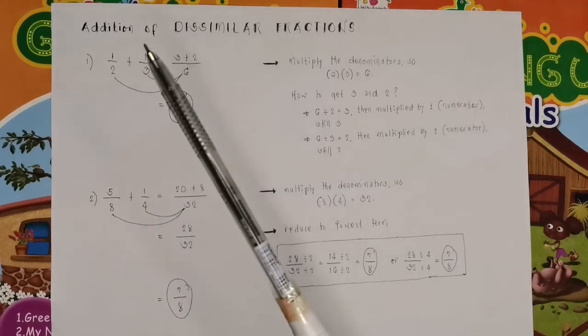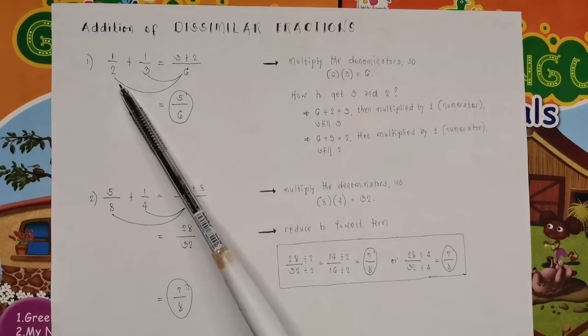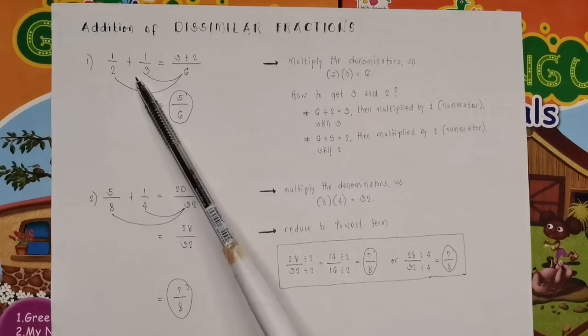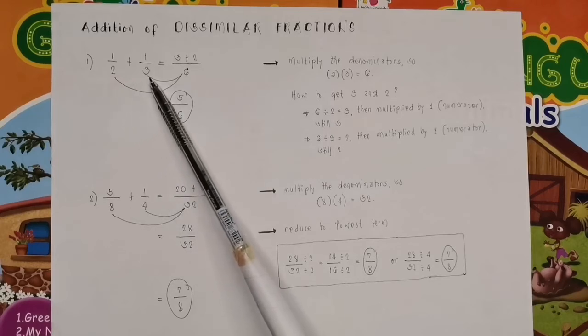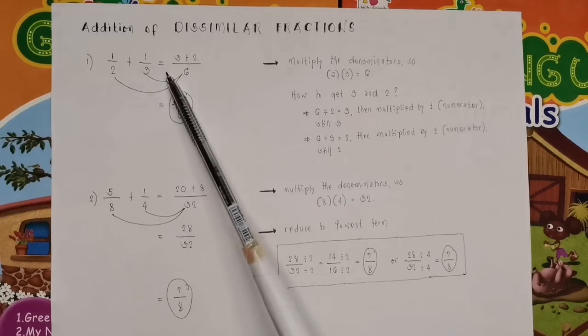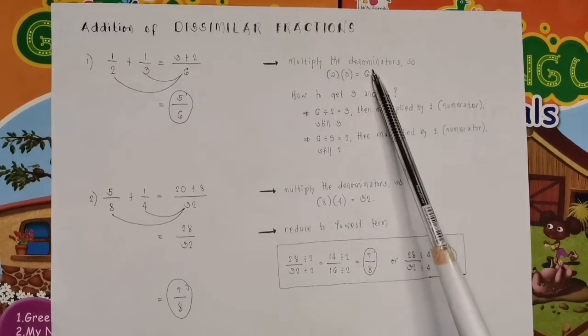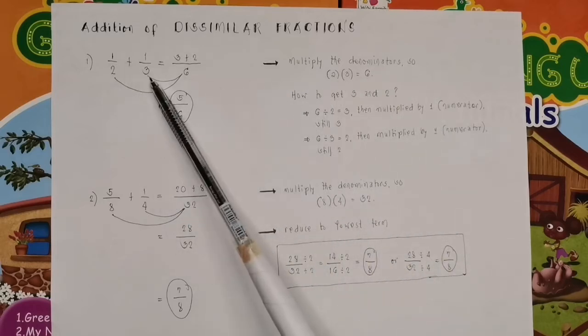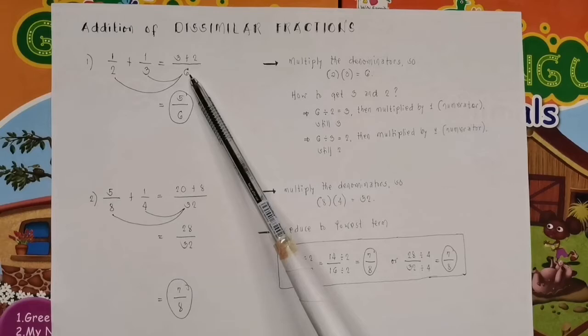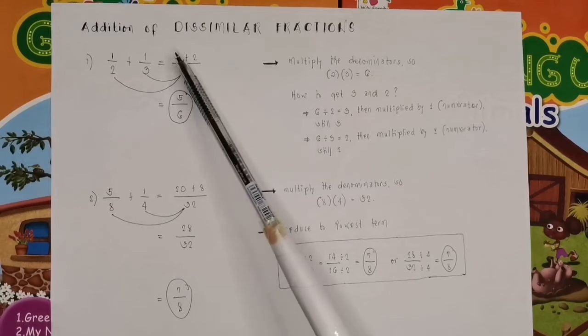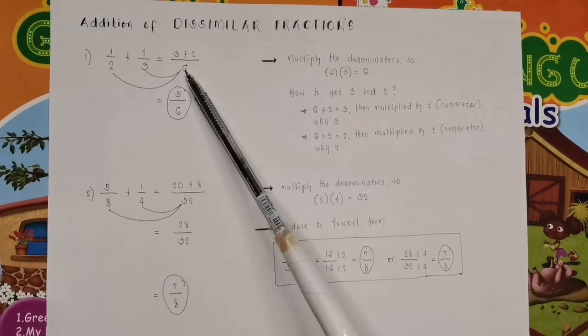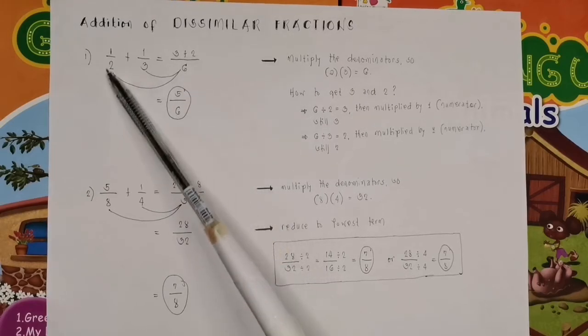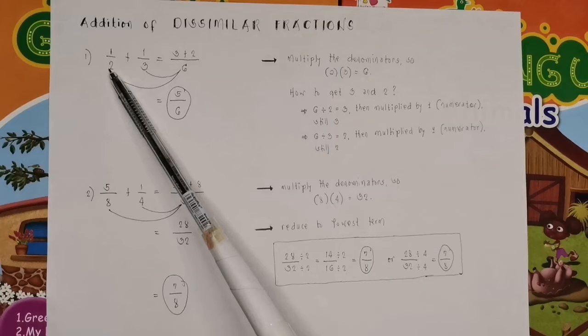Example number 1. 1/2 plus 1/3 is equal to, simply multiply the denominators. So we can have 2 times 3, that is 6. How to get 3 plus 2? So we have 6 divided by 2, that is equal to 3.